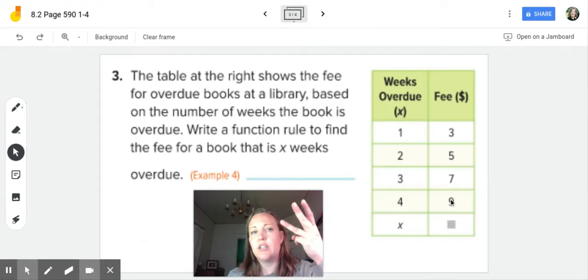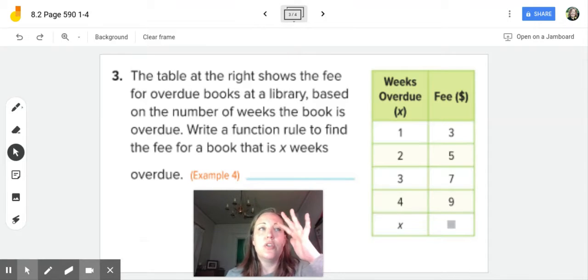Like it's $3 per week that it's late. But that doesn't seem to be what's happening there, right? So let's see what else it could be. It's also not an arithmetic sequence, is it? Or is it? 3, 4, 5, 6, 7, 8, 9, right? I'm adding a certain amount.